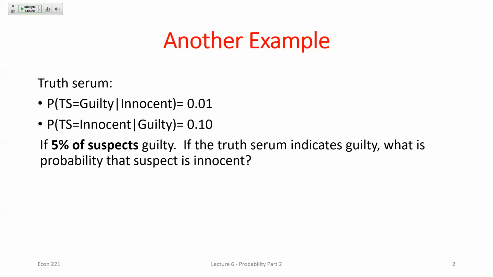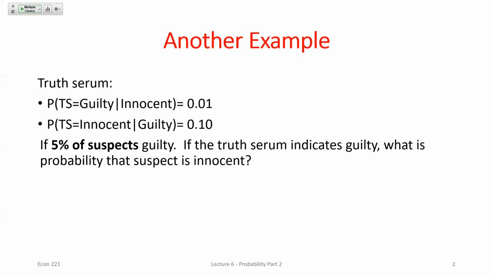What we have is, if the truth serum indicates guilty, what's the probability the person is actually innocent, right? That's what we're looking for. Okay? So our S1 is that the individual is innocent.